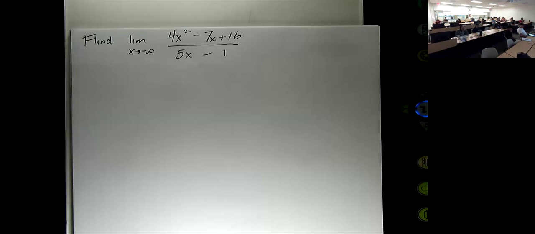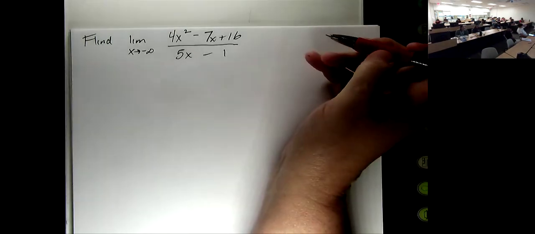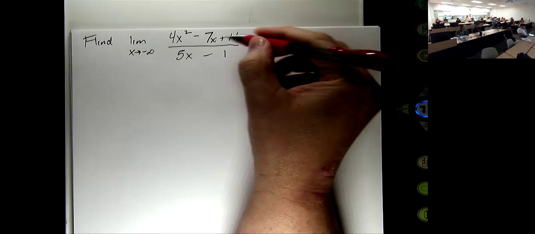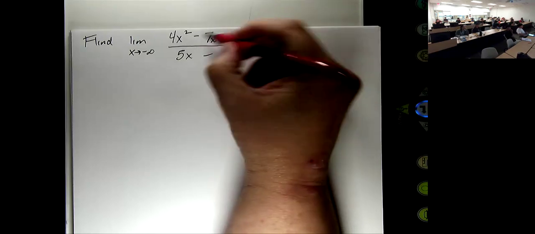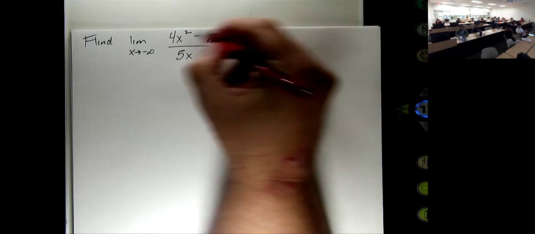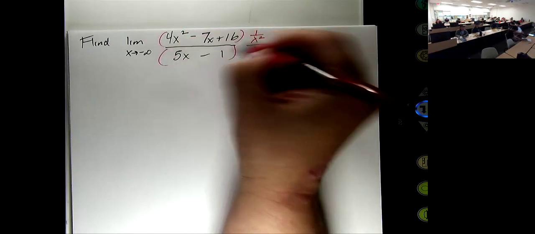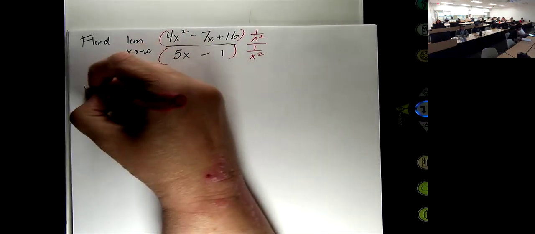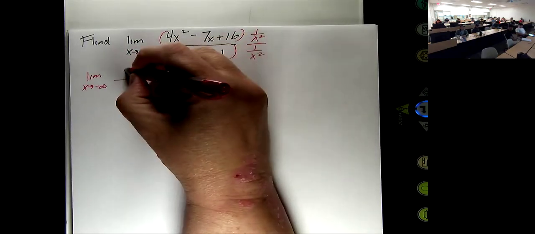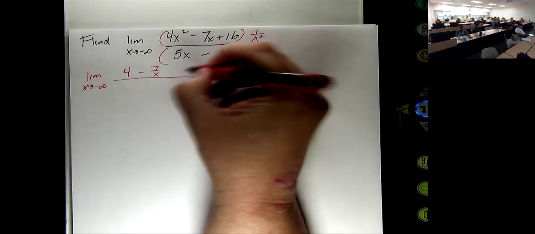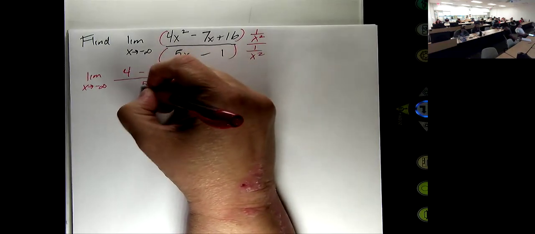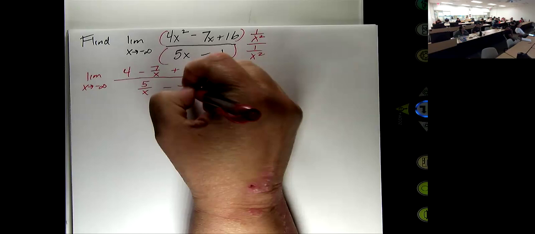Alright, so there's infinities on top and bottom if we do it as is, so what we're going to do is look for the highest exponent. It looks like x squared, so I'm going to multiply top and bottom by 1/x². And this becomes the limit as x goes to negative infinity of 4 minus 7/x plus 16/x² all over 5/x minus 1/x².